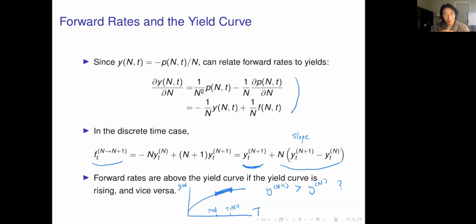Whether it is upward sloping versus downward sloping is determined by whether the forward rate from n to n plus 1 is greater than the yield.